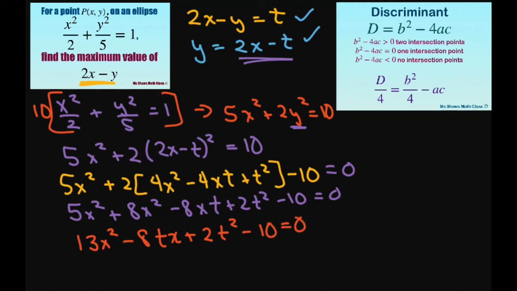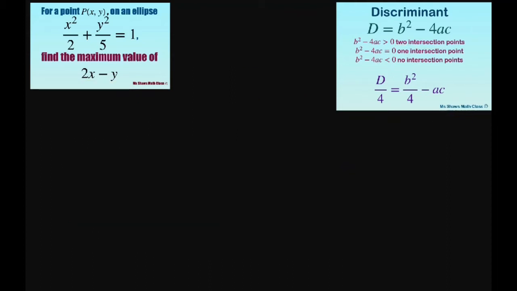Now, we're going to let D be the discriminant of the equation. We want to solve for two intersection points because we want to get the minimum and the maximum. So we're going to let our discriminant be greater than or equal to 0. So basically what we have is 13x squared minus 8tx plus 2t squared minus 10 equals 0.